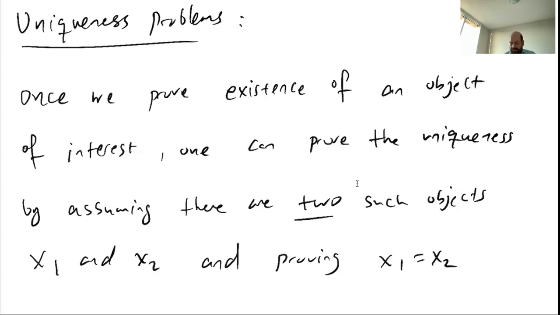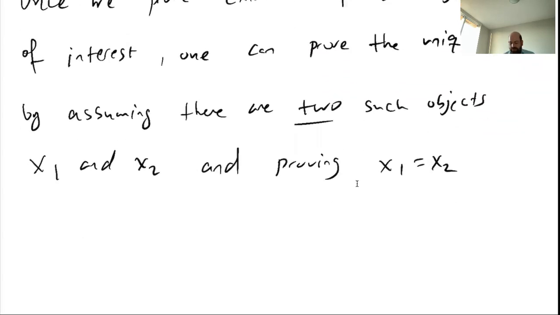than $1 billion? So in mathematics, once we prove the existence, we can show the uniqueness by assuming there are two such objects, let's say x1 and x2, and prove that x1 has to be equal to x2. And then that means that the uniqueness must hold. So let's look at an example.